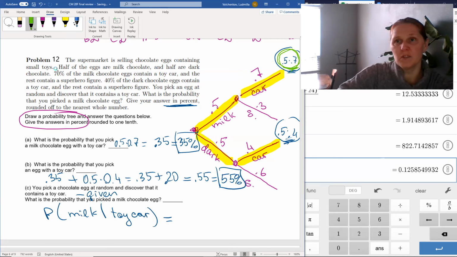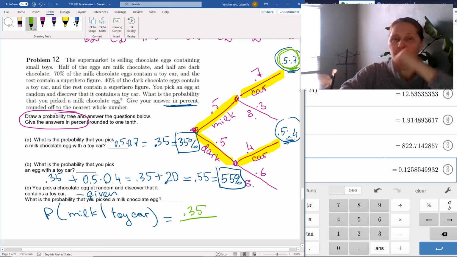So the probability of the event in favor is 0.35 divided by the probability of this new sample space that it is a toy car, 0.55.